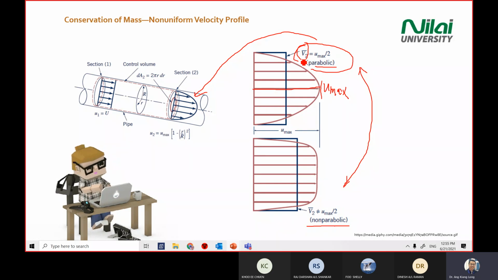If your average velocity equals u max divided by 2, then it is a parabolic behavior. If your U2 average is not the same as u max divided by 2, then it's non-parabolic. Okay, so this is an important slide. You might need to come back to these slides later on.